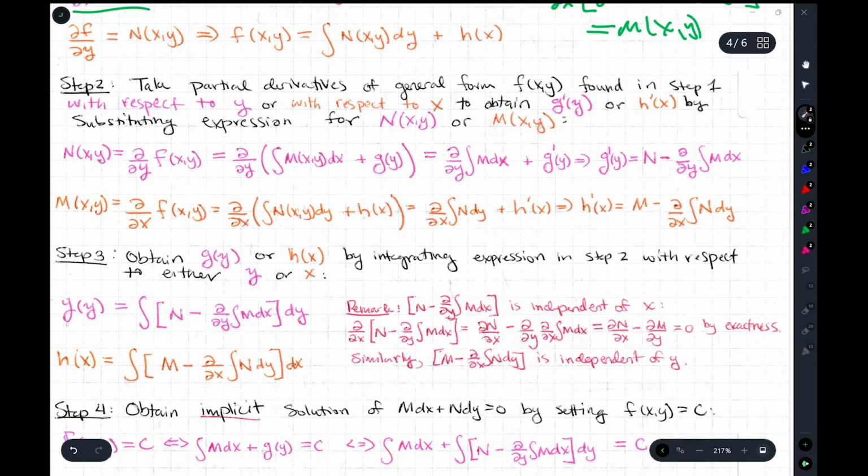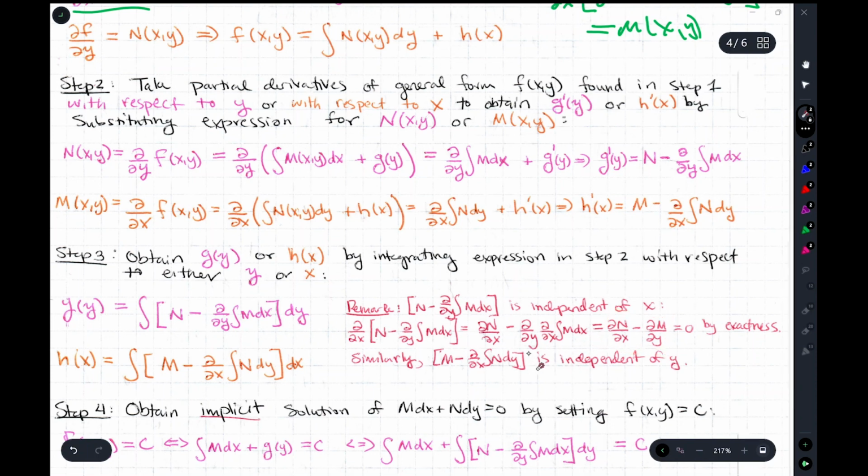This is just a straightforward antiderivative. And here I show that indeed this is independent of x, because we can take the partial derivative with respect to x of the expression inside the integral. When we do that, we end up with this expression here.